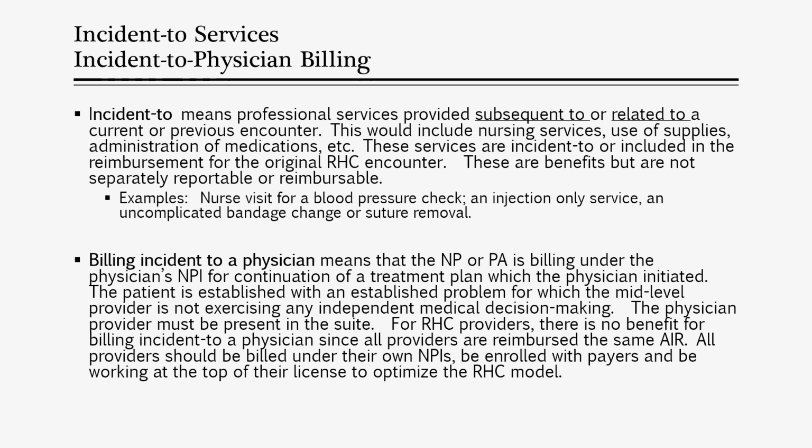So we do have a benefit, and we have an incident to service. So that's one definition of incident to. That's all of the things that go into working out that treatment plan for that patient.